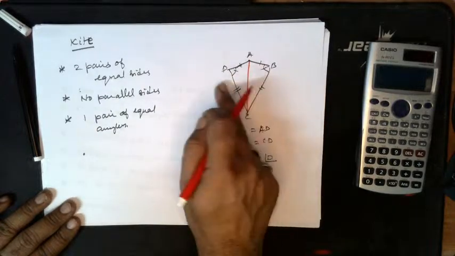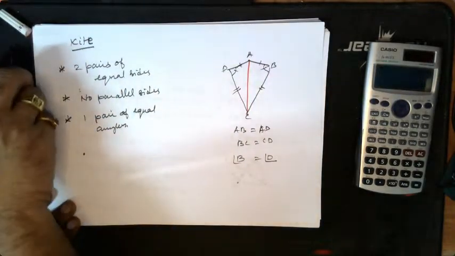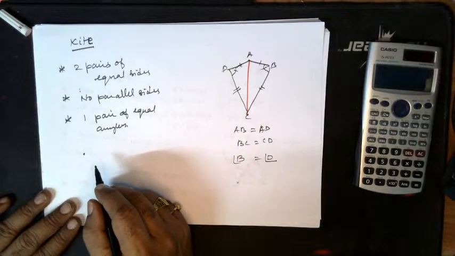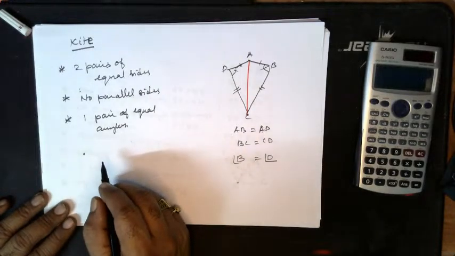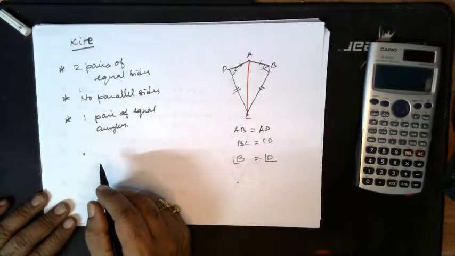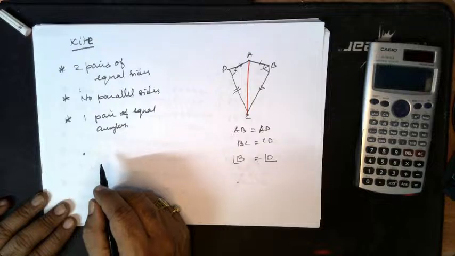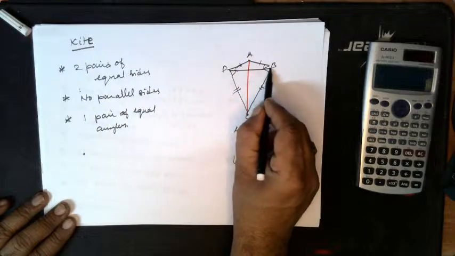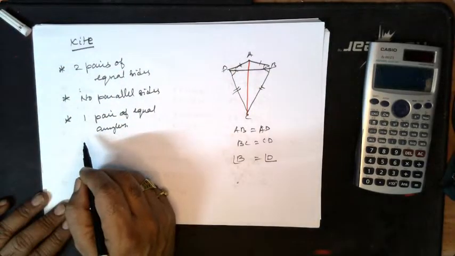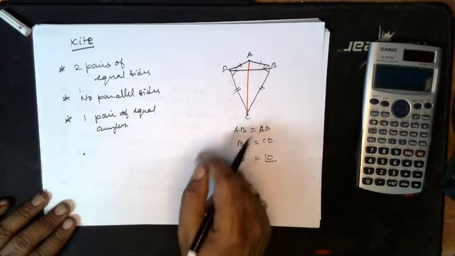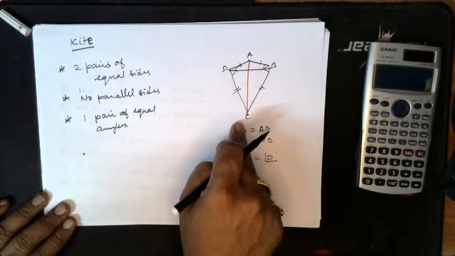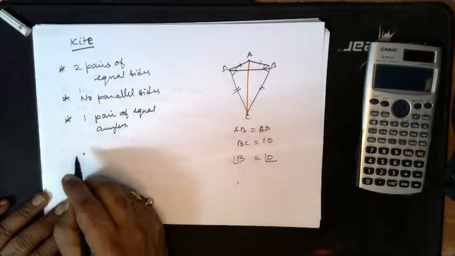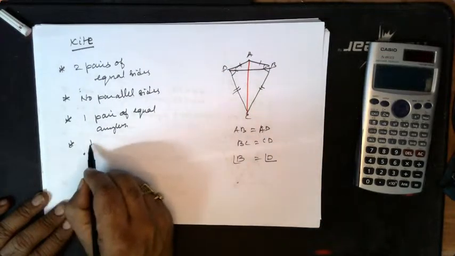It can bisect the entire quadrilateral, the kite, equally. Even though it has two diagonals, one diagonal bisects, the other diagonal does not bisect. Are you able to follow?